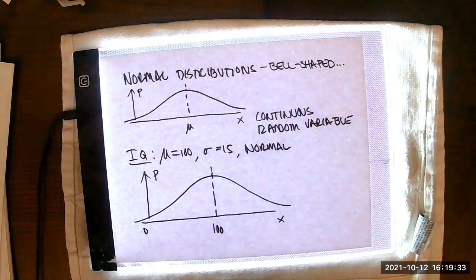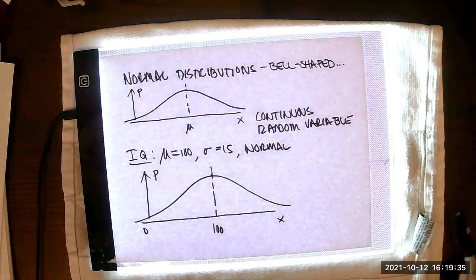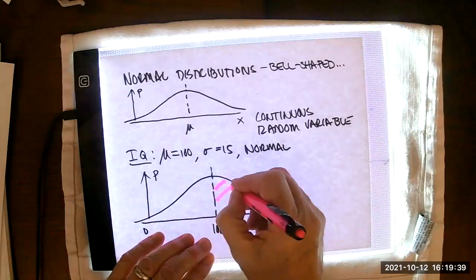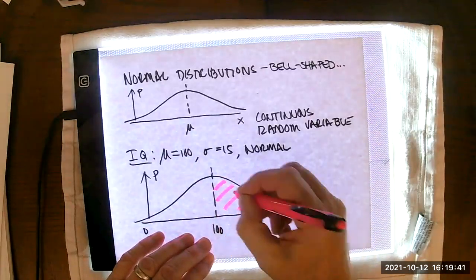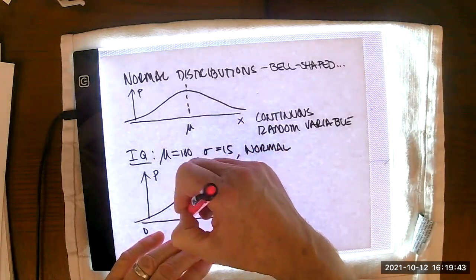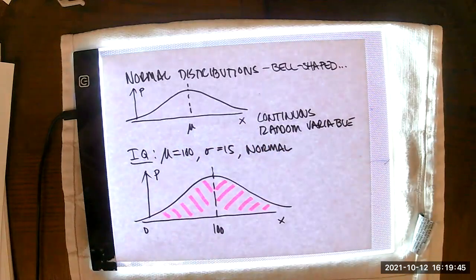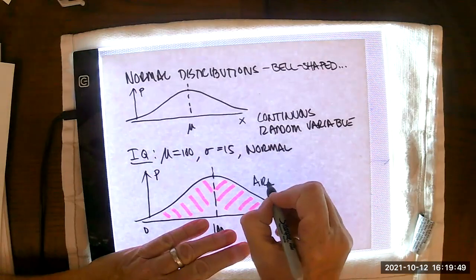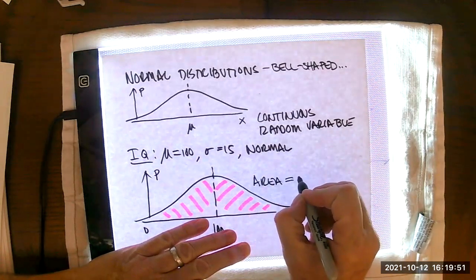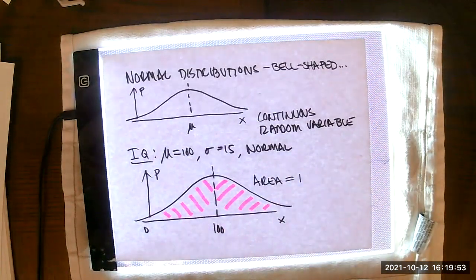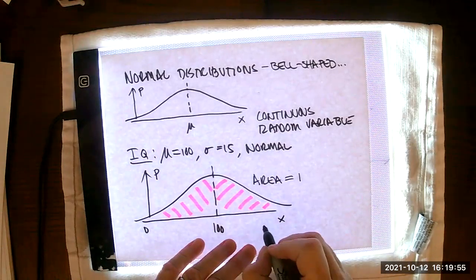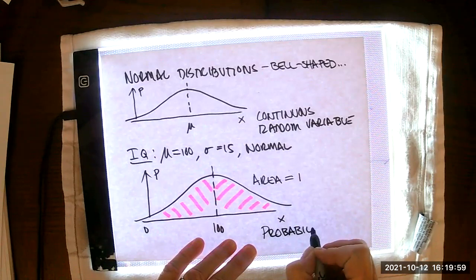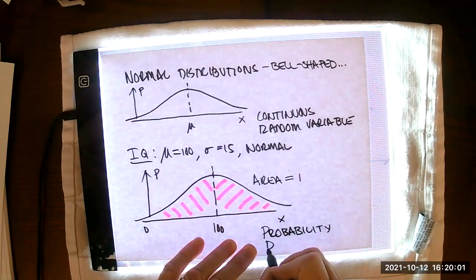The biggest requirement is that the area under this graph and above the x-axis equals 1. So the total area is equal to 1 because this is, at the end of the day, a probability distribution.